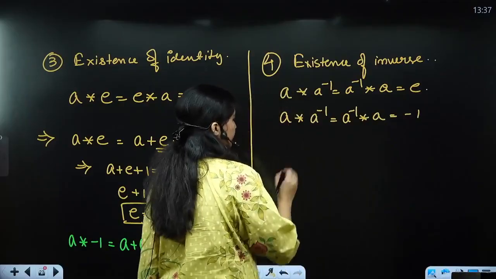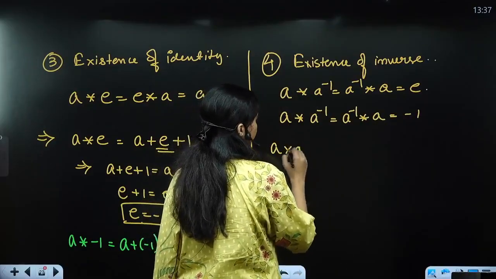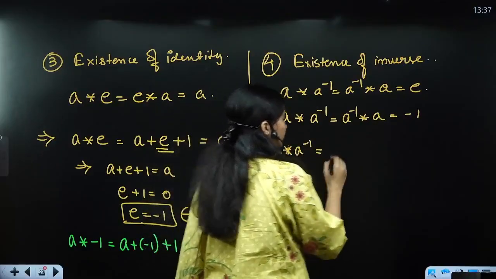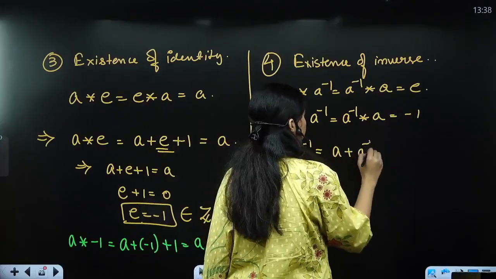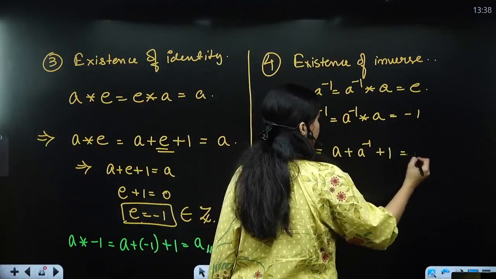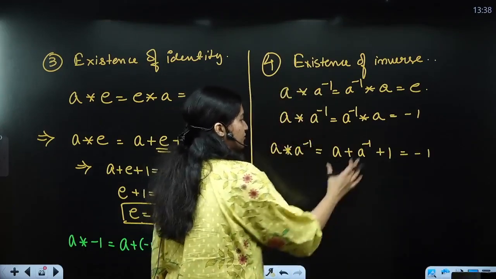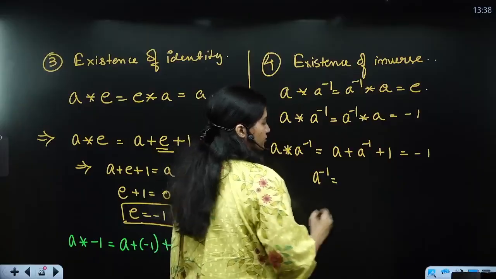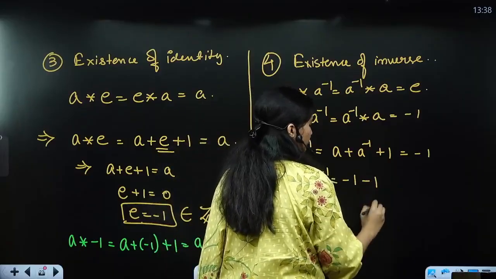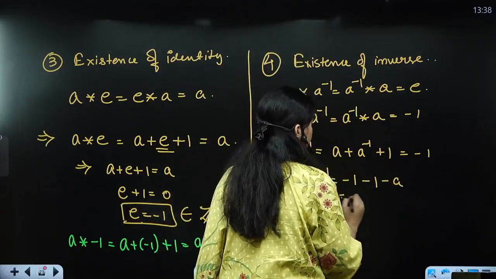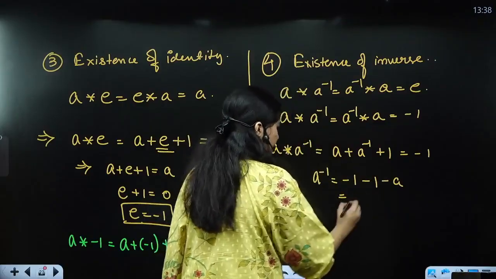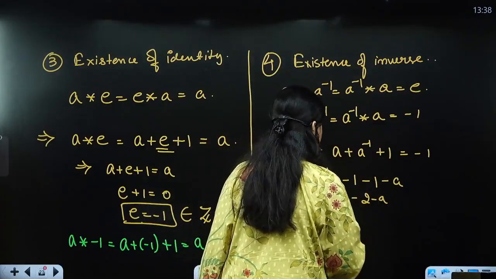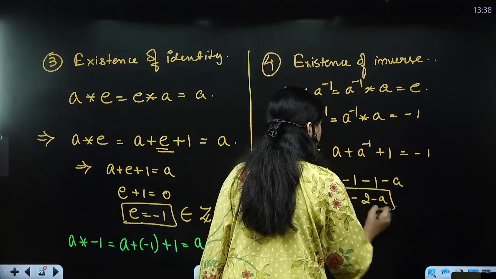Minus 1, right? So a star a inverse is going to be what? a plus a inverse plus 1, and this has to be equal to minus 1. So for this to be true, what is going to be the value of a inverse? It is going to be minus 1 minus 1 minus a. This is minus 2 minus a.